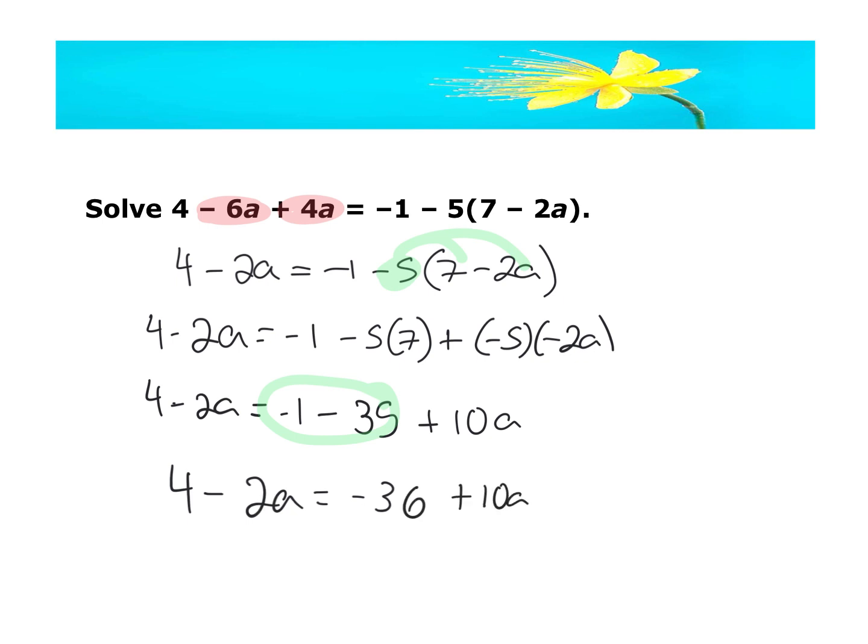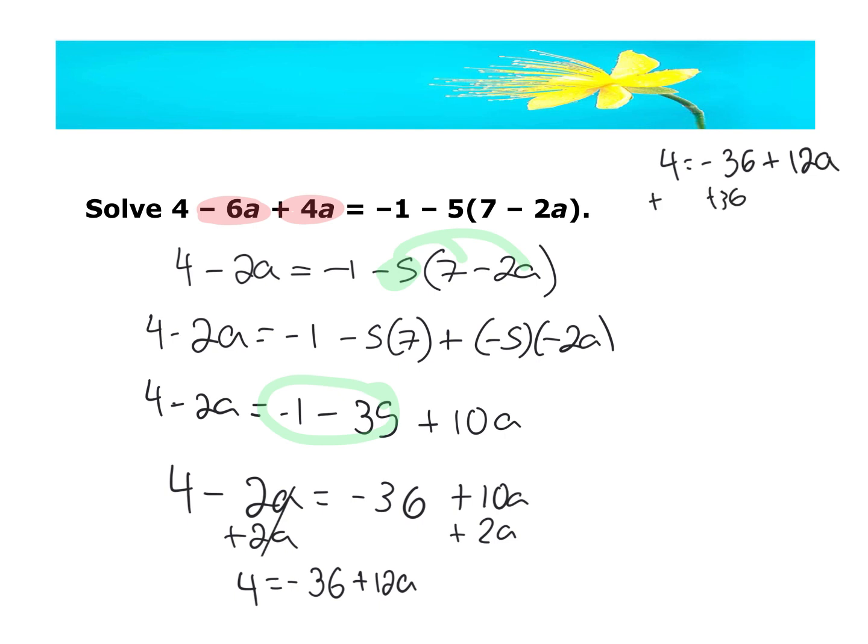Now here I'm going to keep the a positive by adding 2a on both sides, which is going to give me 4 is equal to negative 36 plus 12a. Afterwards, I'm going to rewrite it up here, guys, so we can keep going. I'm going to add the 36 on both sides, and I'm going to get that 40 is equal to 12a.